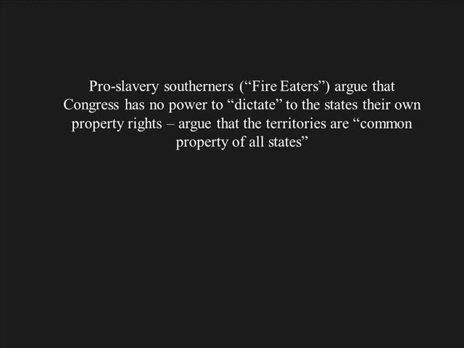And every time a new state comes in, they have to come in twos, basically, for quite a few decades. They have to come in with a partner from the other part of the country. So when Florida comes in, there has to be a northern partner to uphold the balance. And that was a Southern demand.